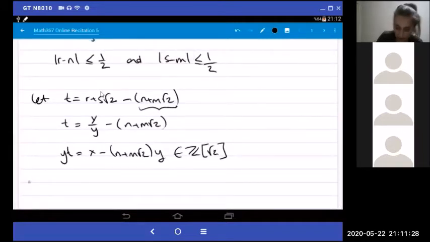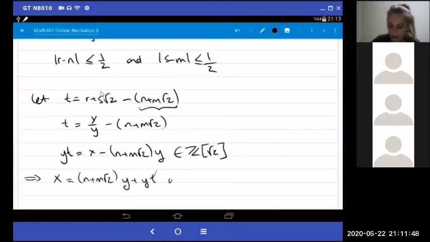No? Okay. So if you take this x out to one side of the equality, then we have n plus m root 2, sorry, not a remainder but a quotient, this one, y plus yt, with n plus m root 2 is from this one.